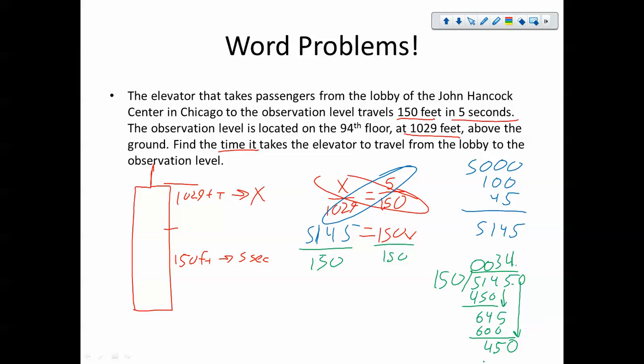How many times does 150 go into 450? 150, 300, 450 looks like 3 times. And that looks like that's going to finish it off right there. So 34.3 seconds is what we're looking at. x equals 34.3 seconds. Yep. There we go. And that's it for today.